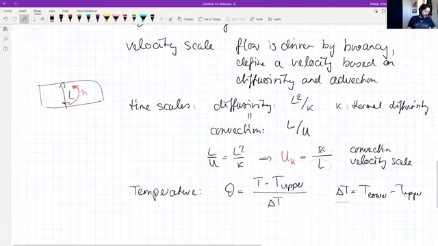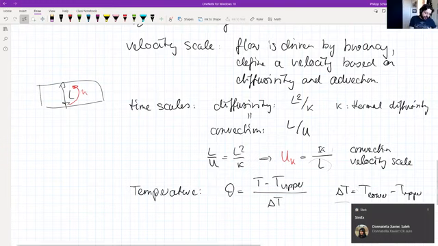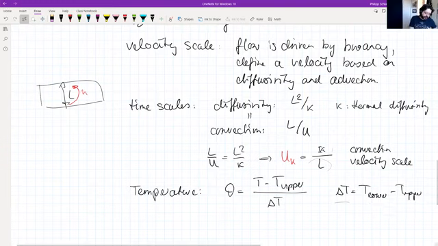Okay, now that we have introduced the length scale, velocity scale, and temperature scale, the next step would be to rescale the equations using those quantities, and then to identify the actual non-dimensional parameter that can be used to scale the dynamic equations, so the Navier-Stokes equations in this case.